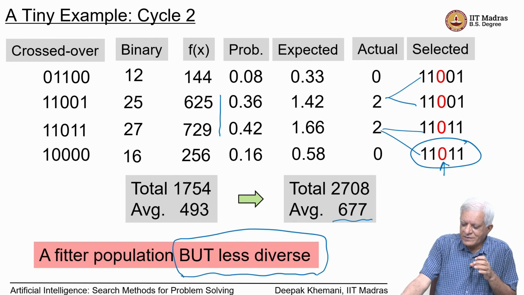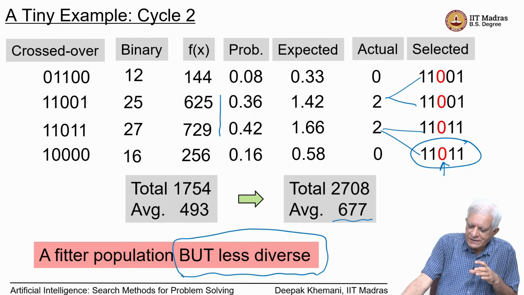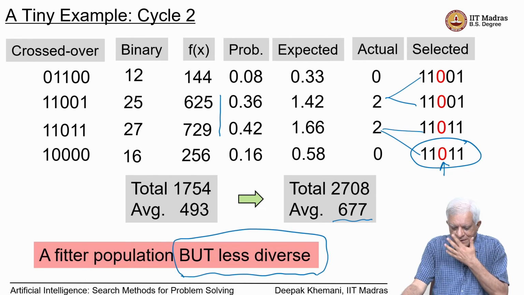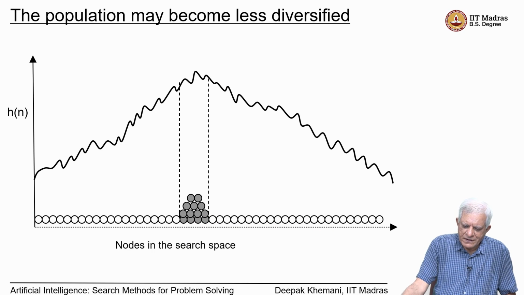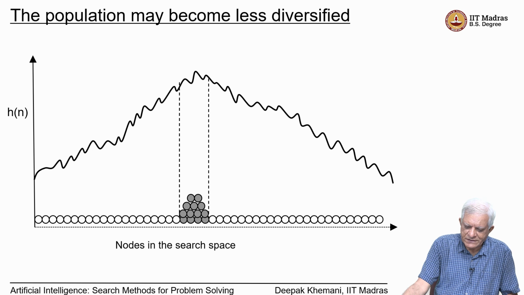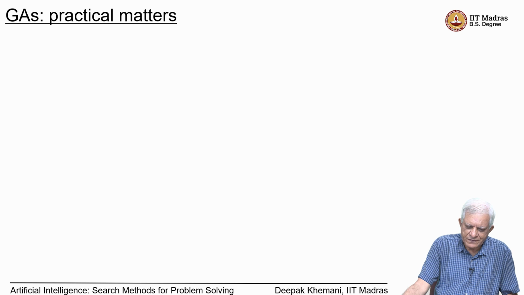But the point that we wanted to make was that a large diverse population is a necessary starting point for genetic algorithms to work with essentially. Otherwise, the population will become very less diverse as shown in this picture here.